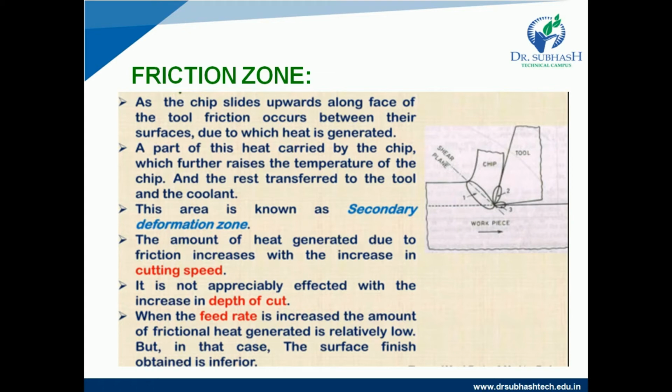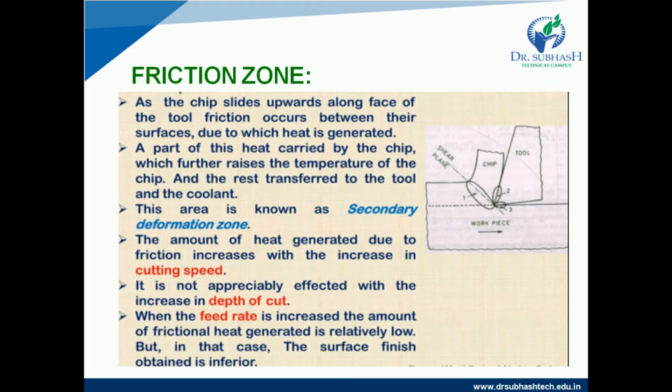The amount of heat generated due to friction increases with increasing cutting speed. Whenever we increase the cutting speed, our tool life will decrease. Why? Because if we increase the cutting speed, then heat will also increase, no doubt. It is not appreciably affected by the increase in the depth of cut.